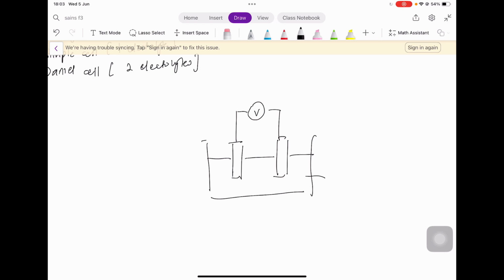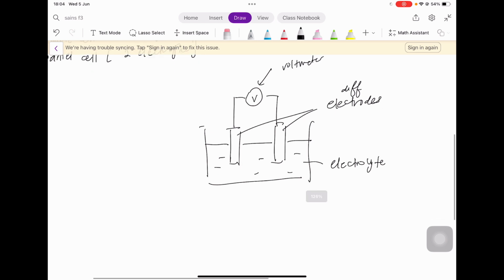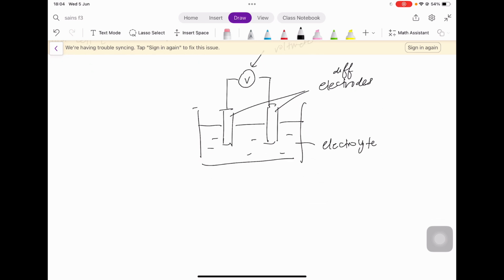Let's say this is just a general idea of what a simple voltaic cell is. So we have our electrolyte, we have our different electrodes, and we have our voltmeter. Alright, now this is what we call a simple voltaic cell.